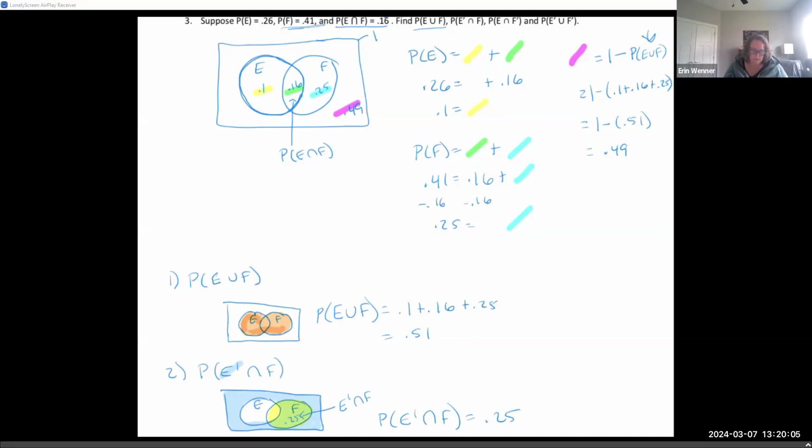So I want you to think about what I did in number 2. I know that I'm running out of room here. The next one is going to be the probability of E intersecting F complement. And I want you to try that one and send me your answer in direct message.